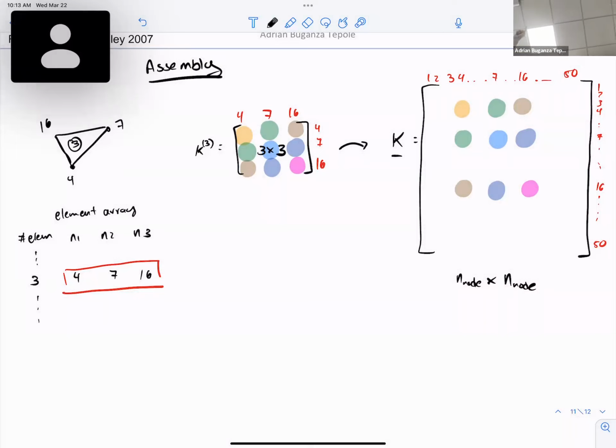Just write the global known numbers in the rows and columns, and then for the big K, that one has all the numbers, and basically just find the corresponding entry. So the same idea as in 1D.